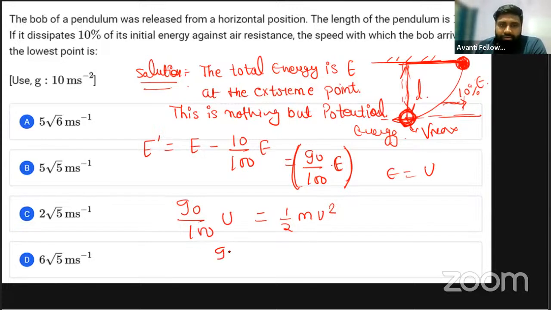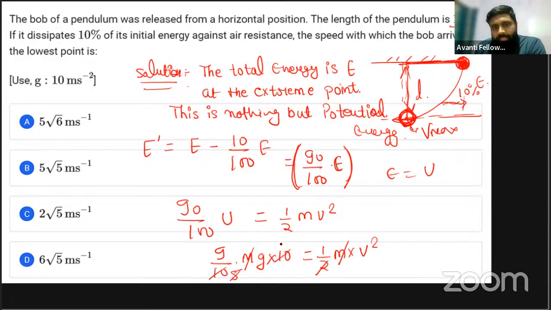So 90 by 100 you can write as 9 by 10, times m into g into L, where L is given to you as 10 meter, equals 1 by 2 m into v square. Now m and m will cancel out, and the 2 will cancel with the 10 to give 5.